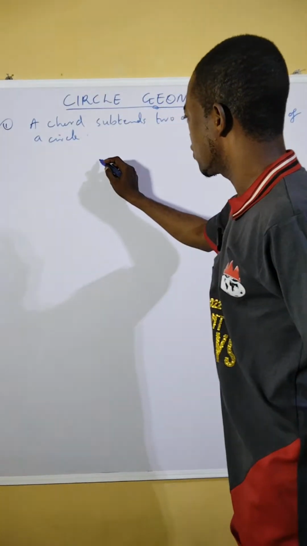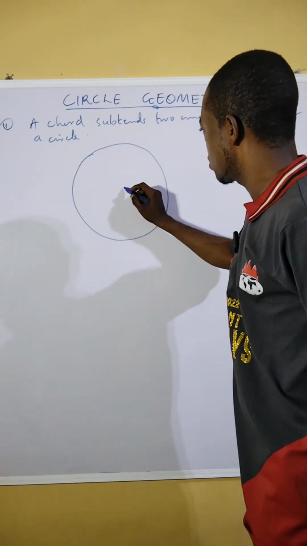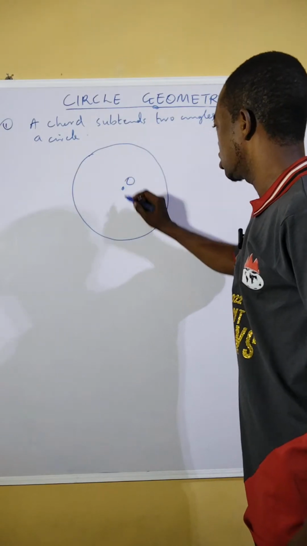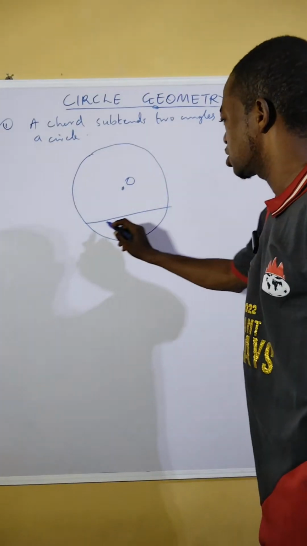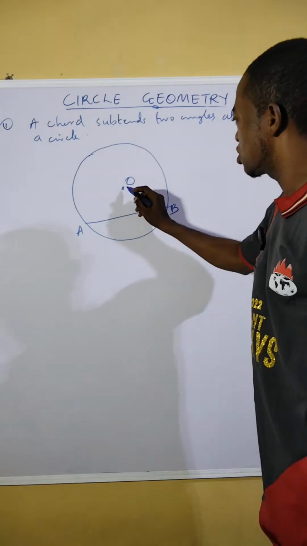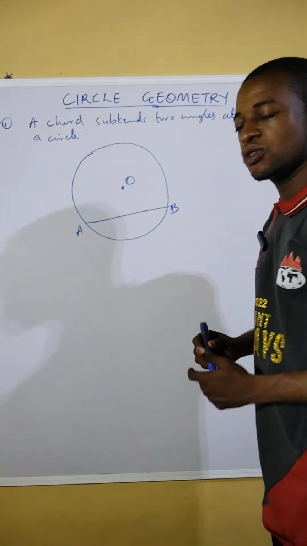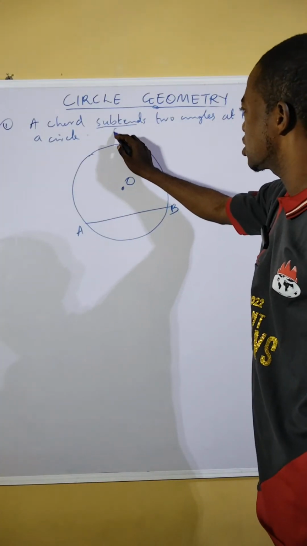That is, when we have a circle with center O, then we are given a chord. Let's consider this as a chord AB. Then this chord subtends two angles at the center. The word subtend here means the same thing as the word formed.